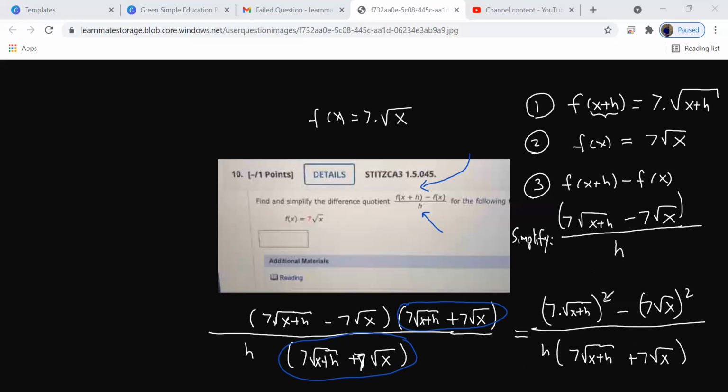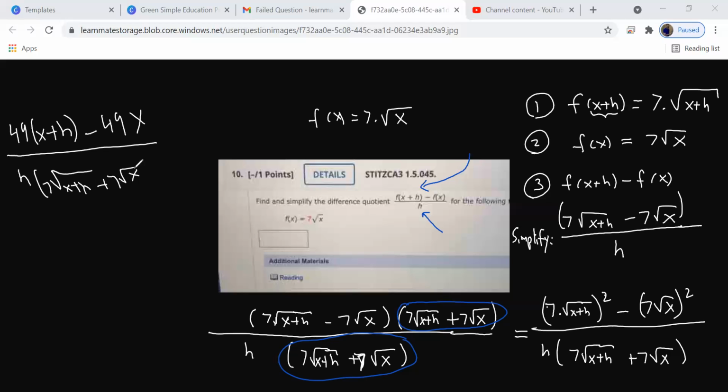When you square this thing, it's going to be 7 squared, and it will cancel the radical. So 7 squared is 49, so it will be 49 times x plus h minus, and the other one is the same thing, so it will be 49 times x, all divided by h, and then the other stuff, which is 7 times root x plus h plus 7 root x.